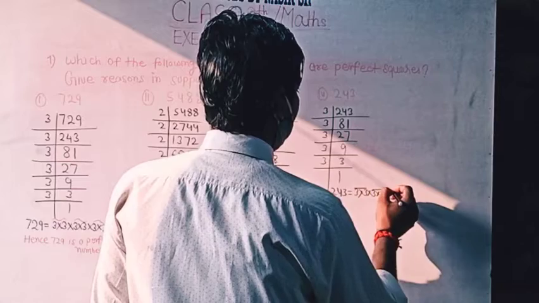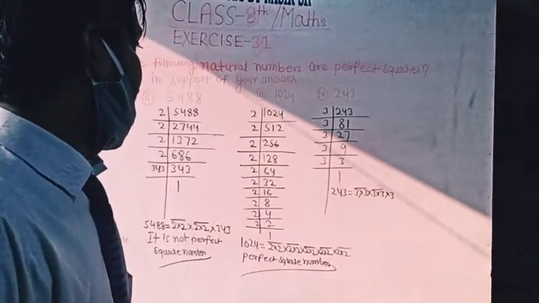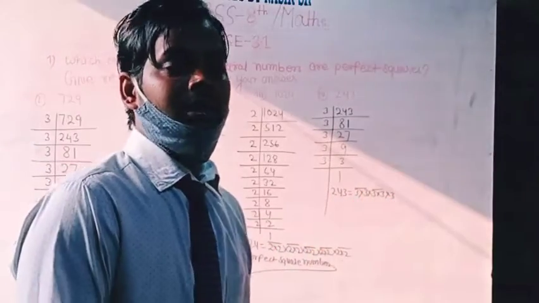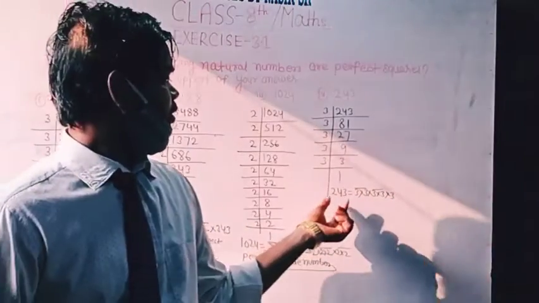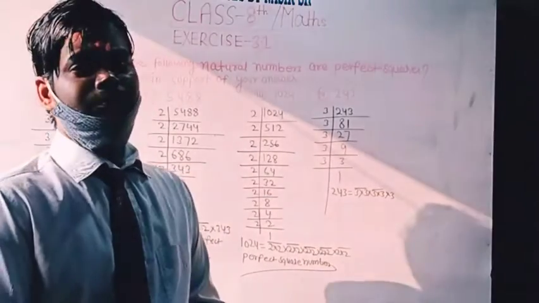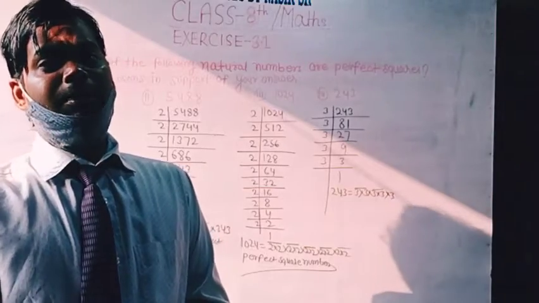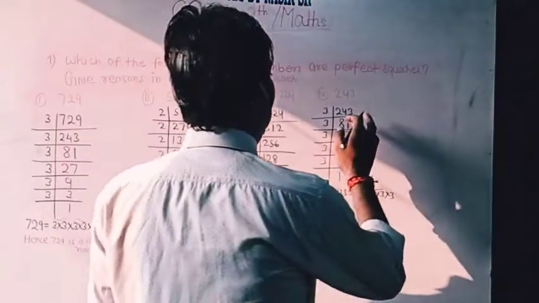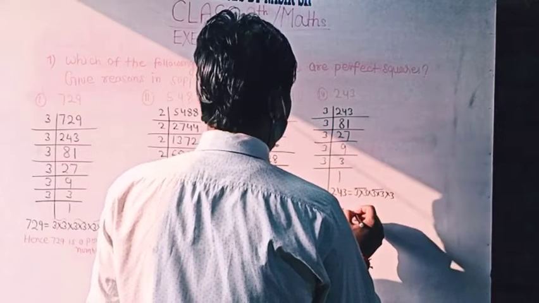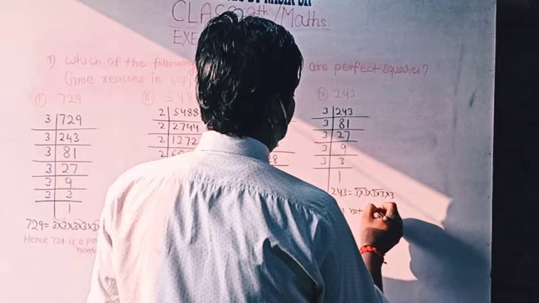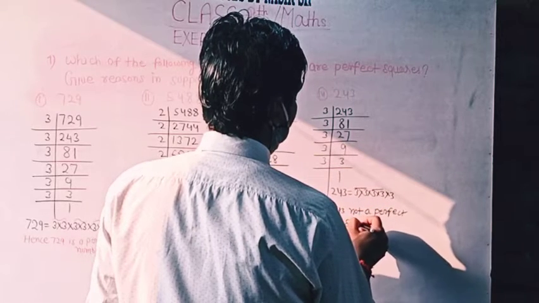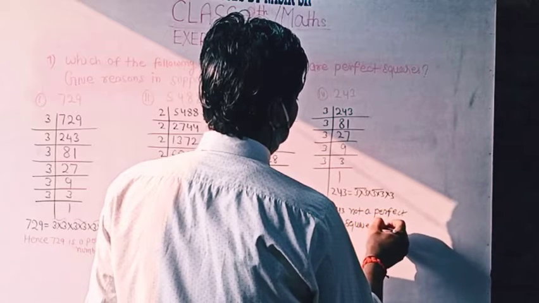This is the first pair, the second pair, and here one number is left. Here 3 is without a pair. So 243 cannot be expressed as the product of equal pairs of prime factors. Hence we can say 243 is not a perfect square number.